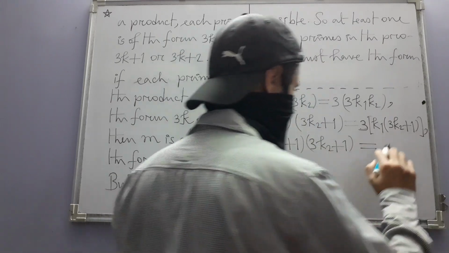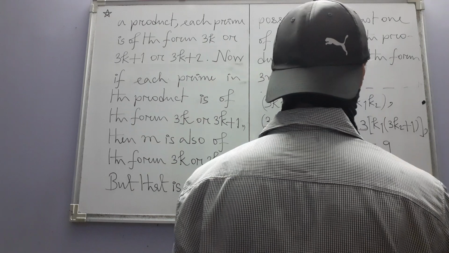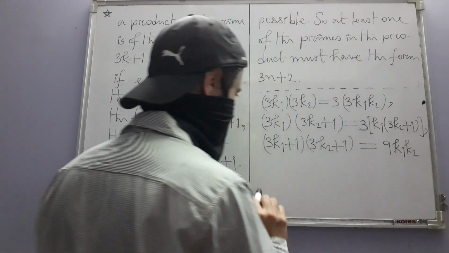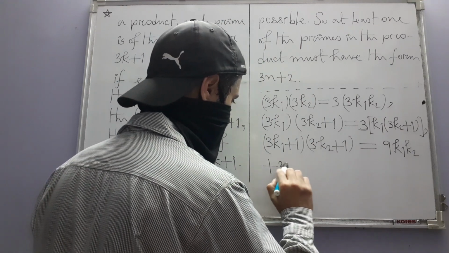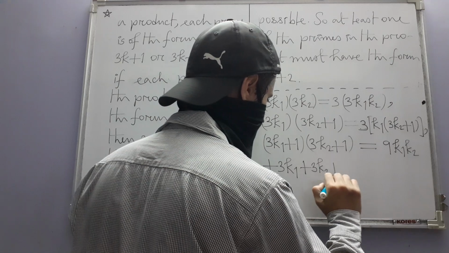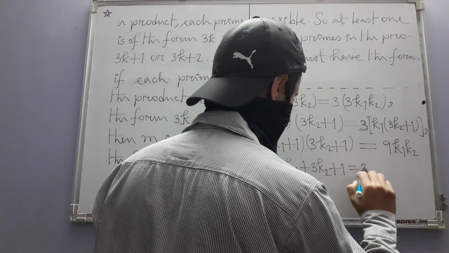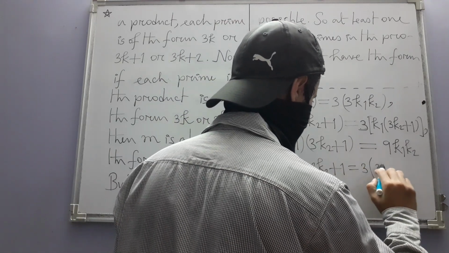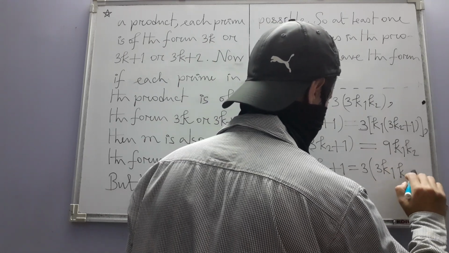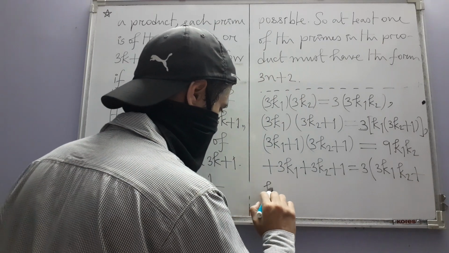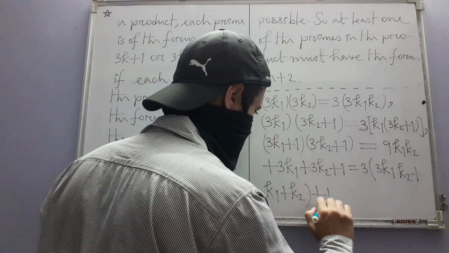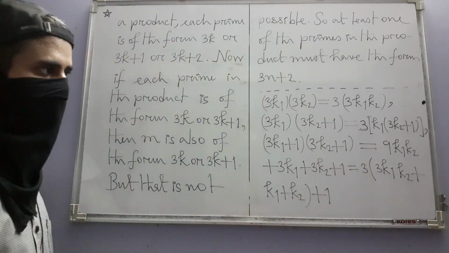Let me just first carry out the multiplication. 9k1 k2 plus 3k1 plus 3k2 plus 1. So this is 3 times 3k1 k2 plus k1 plus k2, plus 1, 3 times some integer plus 1.